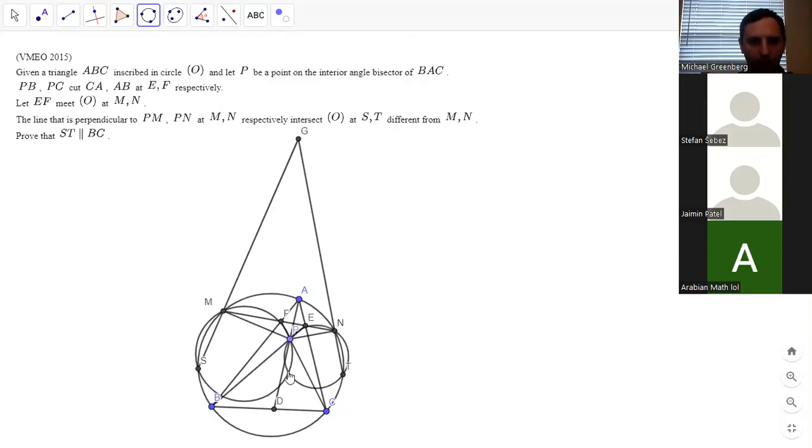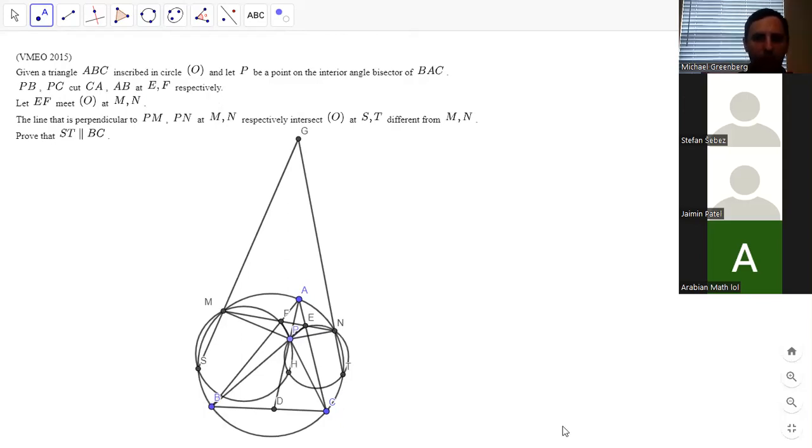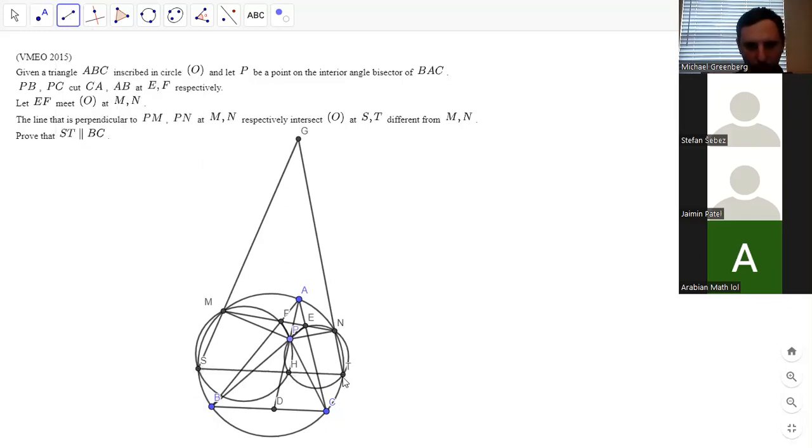At this point? Mm-hmm. Yeah, so proving that ST is parallel to BC should be equivalent to proving that S... Actually, we know that S, H and T are collinear. Yeah.